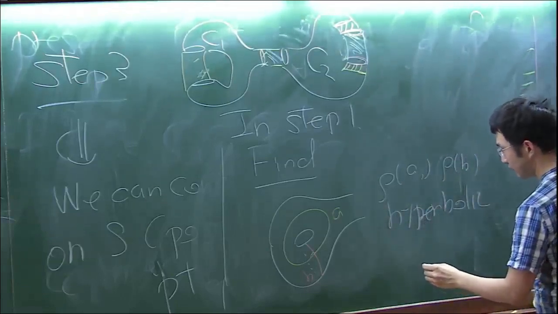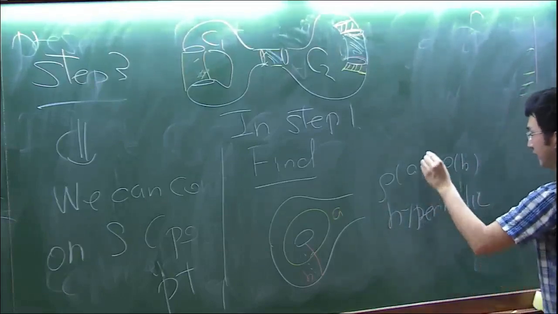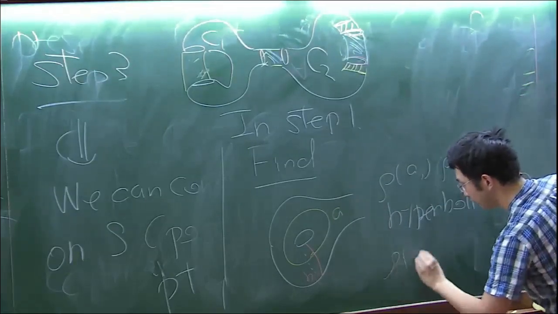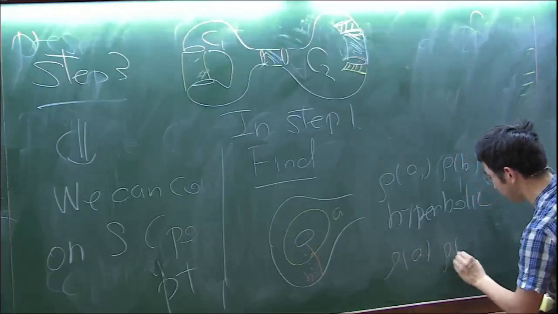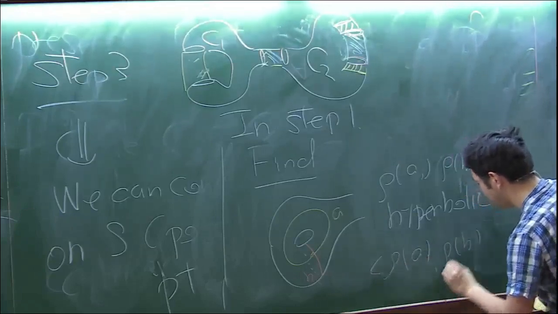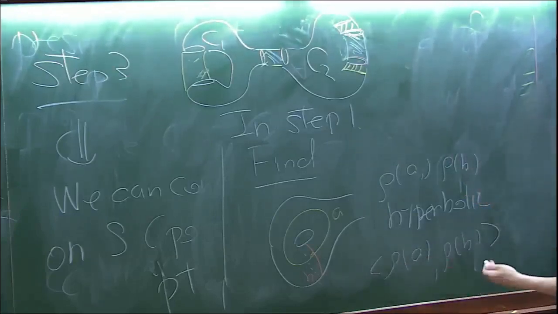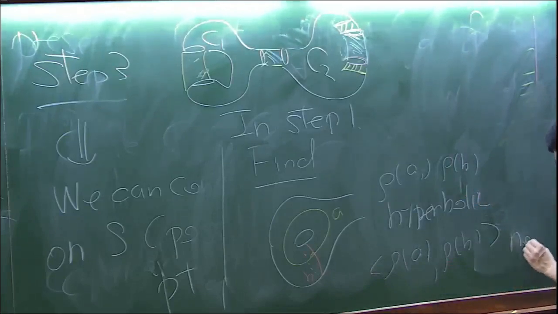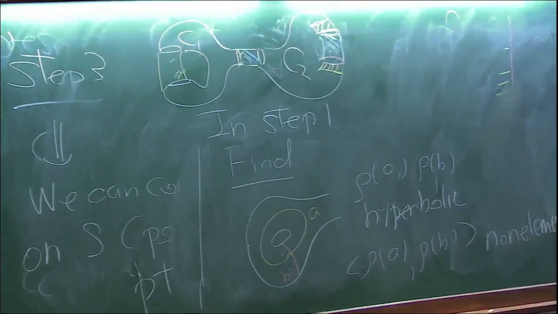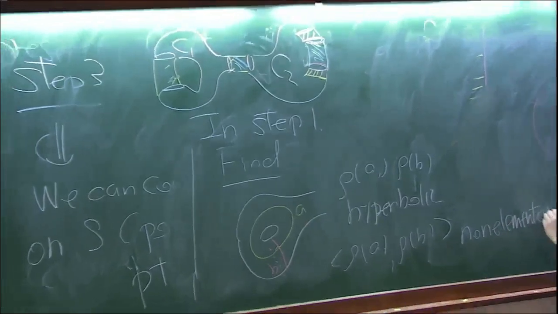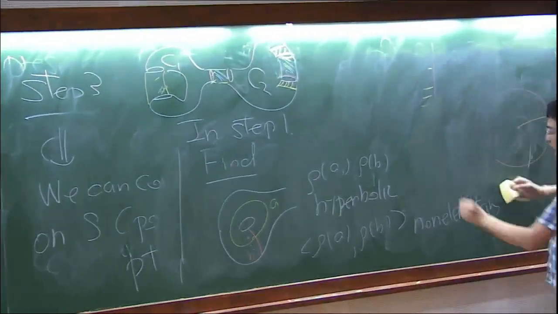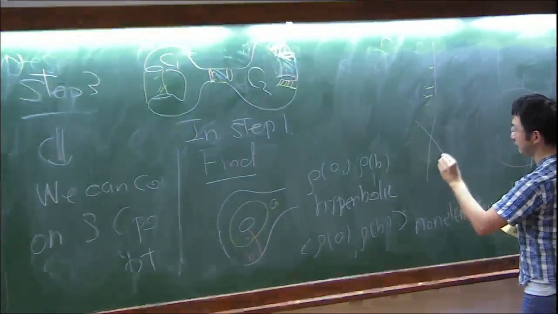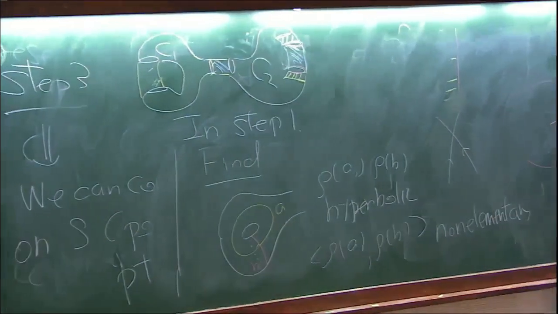And then rho A and rho B generate a subgroup of PSL2C which is non-elementary. So you need to find two hyperbolic elements pointing in different directions.